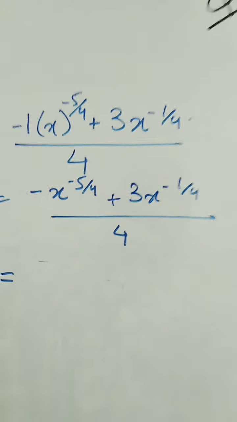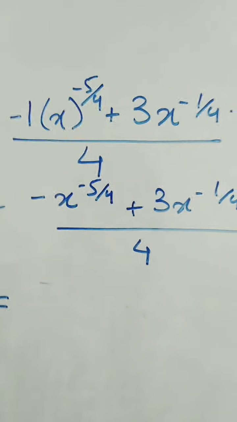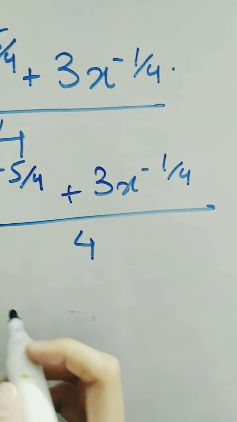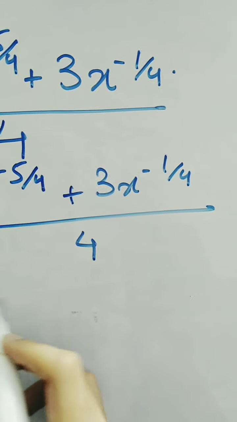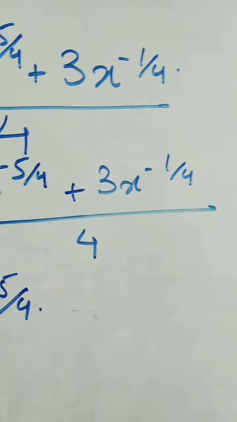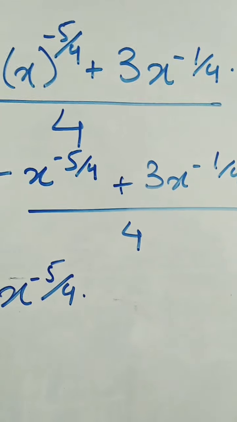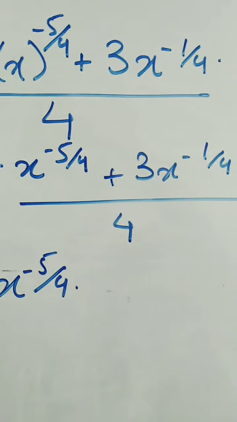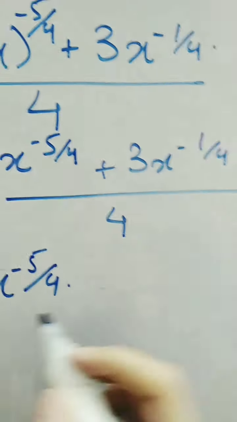Now, as we have explained in our previous lessons, we can take x raised to the power minus 5 over 4 as common. Basically, the purpose of the common is that whenever the common multiplies with the inside value, the answer would be the same.